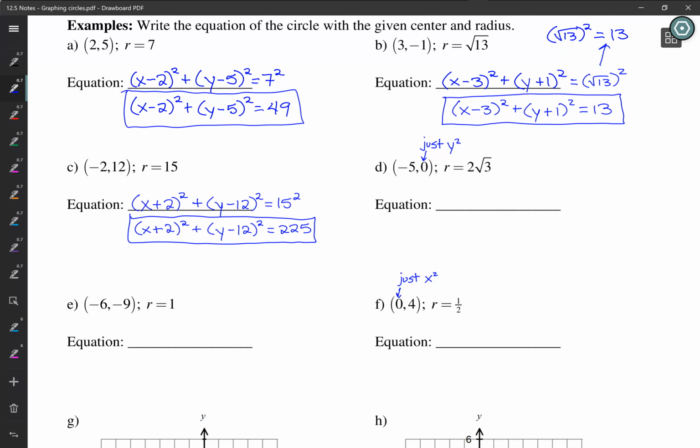So this is a little tricky here. We have x opposite of negative 5 is plus 5 squared plus y squared equals r squared. Now put that in parentheses.